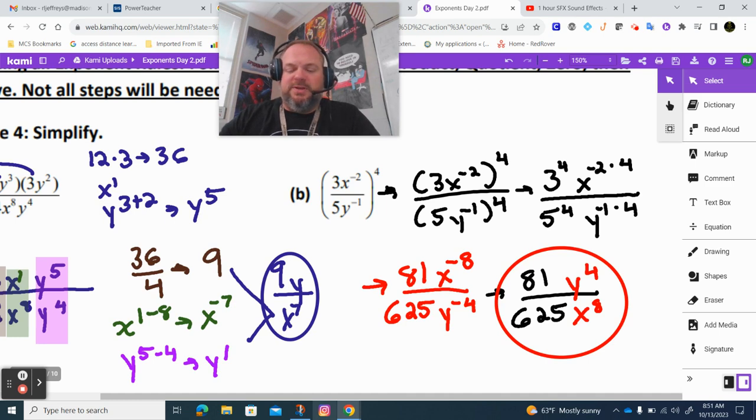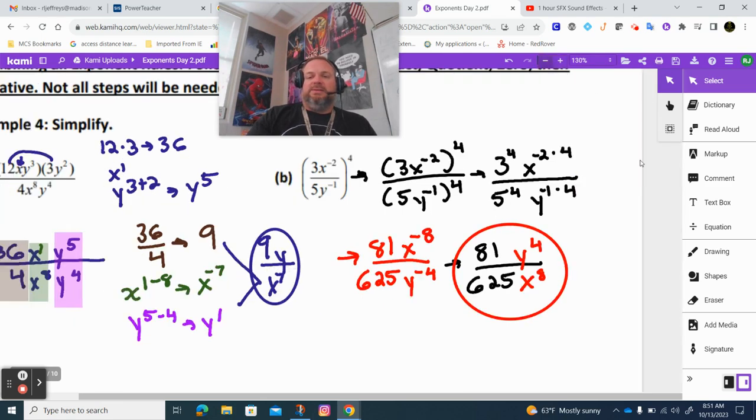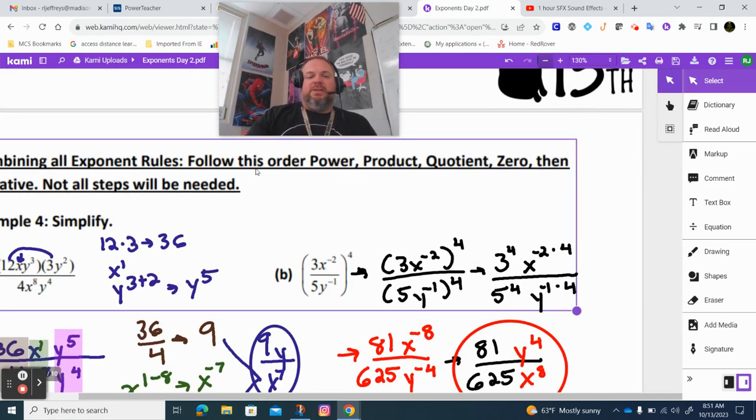So, from y'all's interactions on going over these problems, it seems like y'all want a whole bunch of problems like A and B on your test. Look, I know we didn't look at this, but it says follow this order: power, product, quotient, zero, and then negative.